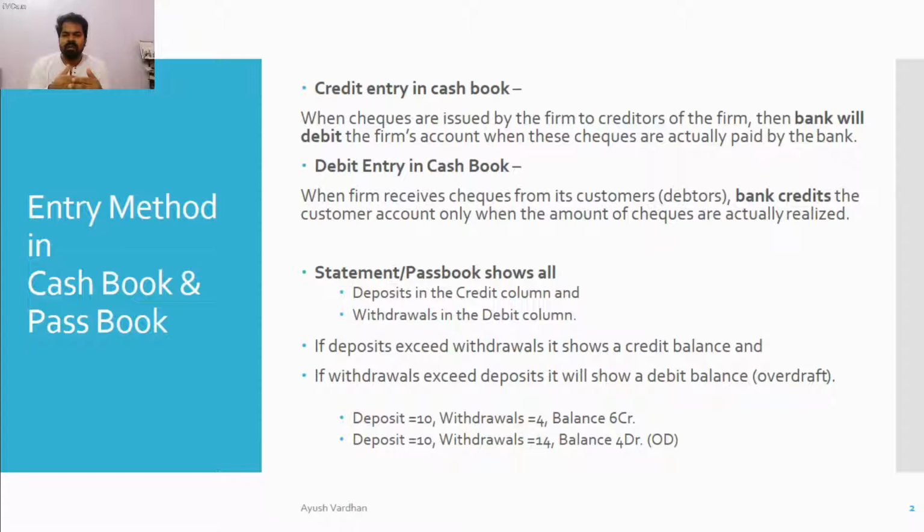And what is credit for the cash book? Credit for the cash book means we are issuing a cheque to someone, means we are paying to someone. Once we are paying to someone, in the passbook it will be treated as debit, because for the bank it will be the debit.